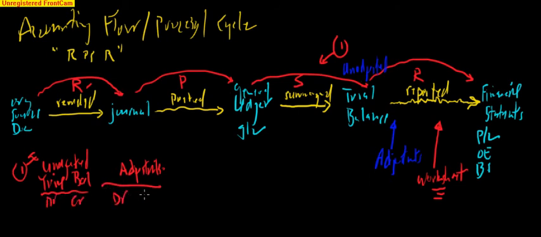You already see how hard this is. A perfect application for software, for Excel spreadsheets. And after our adjustments, we have an adjusted trial balance, which is our unadjusted trial balance plus the adjustments, with debit and credit columns. And then from the adjusted trial balance, we have our financials.